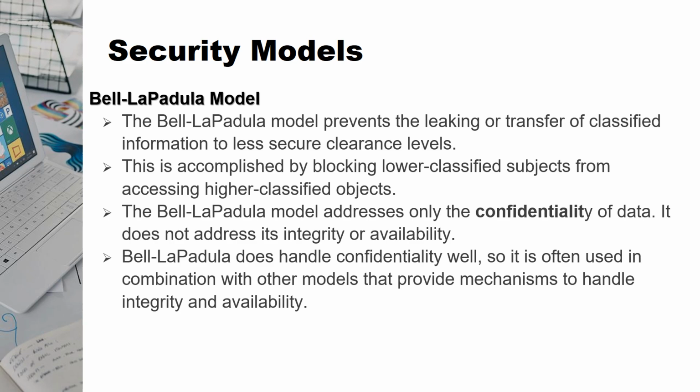It does not address whether the information is accurate, which is integrity, or always available, which is availability. Remember the CIA triad that we explained during our first cybersecurity presentations. Because of this, organizations often use Bell-LaPadula together with other models that focus on integrity and availability.